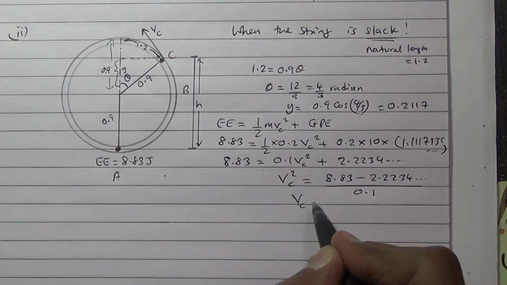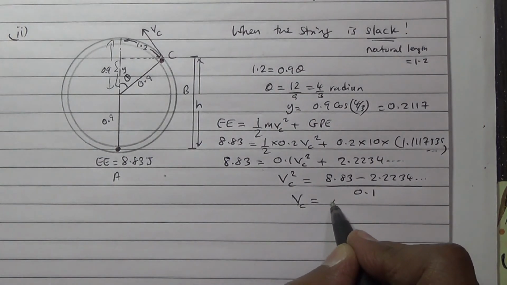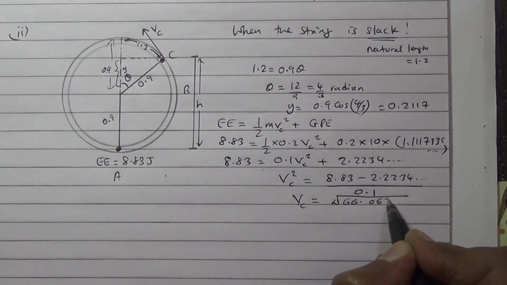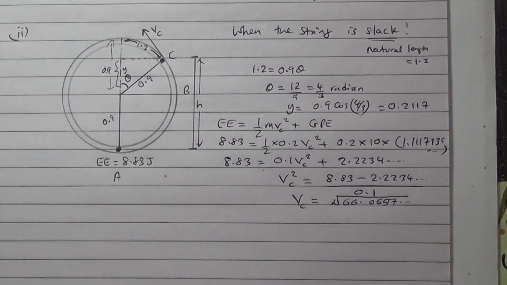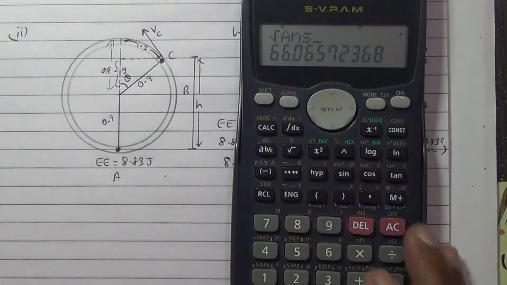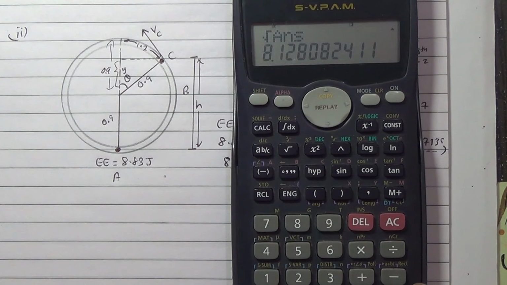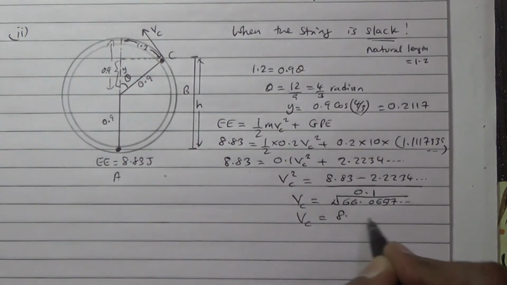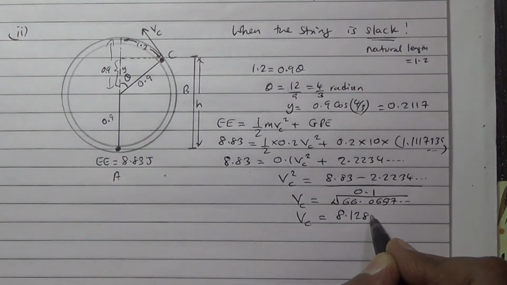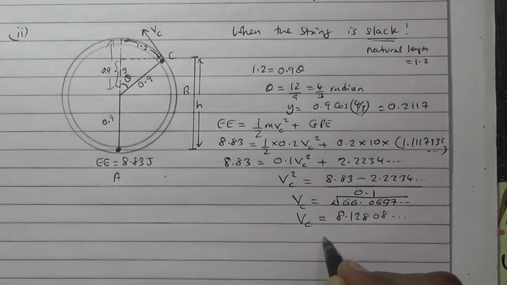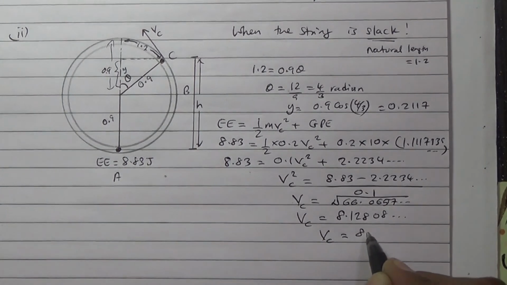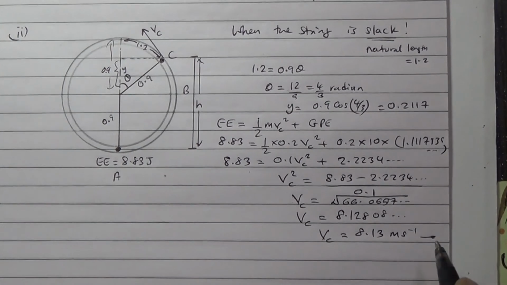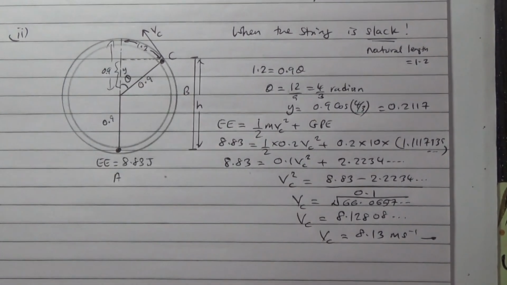So vC is equal to the square root of 66.065. Let's take the square root of that, and we should be able to get 8.12808 and so on. So vC is equal to 8.13 meters per second, and that's the speed when the string is slack. Take care.